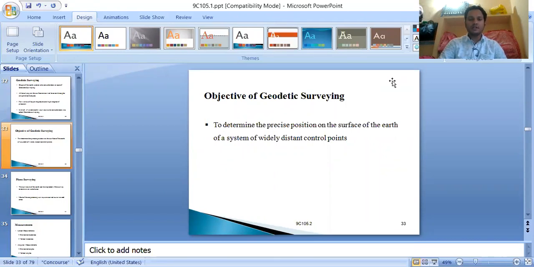Objective of geodetic survey: the objective is to determine the precise position on the surface of the earth of a system of widely distant control points. So with this, we understand that for larger areas and for larger magnitude surveying and for precise work, we will use geodetic surveying.